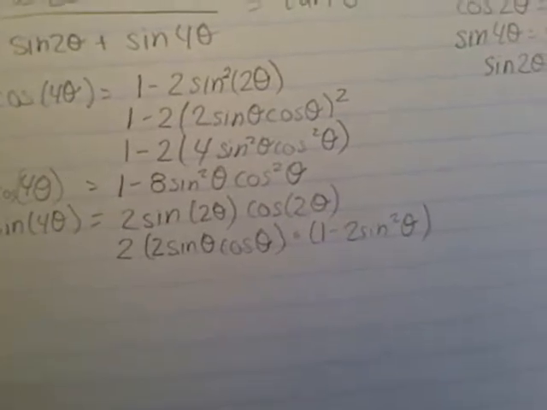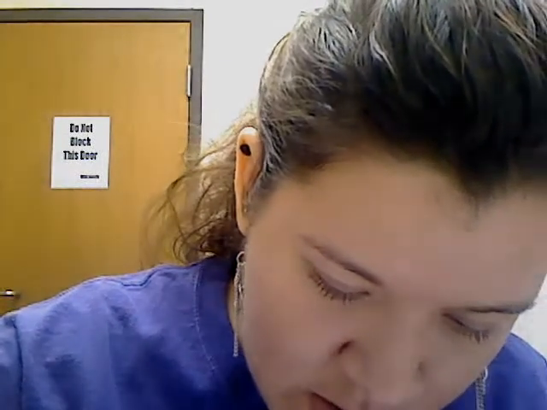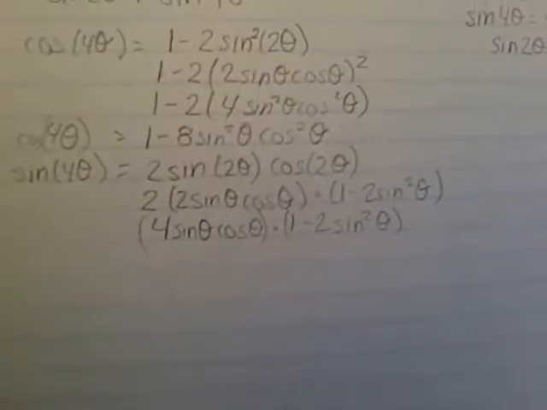And so, hold on, I forgot to simplify. So 4 sine of theta cosine of theta times 1 minus 2 sine squared of theta. That is your final answer. I knew I was missing a step.